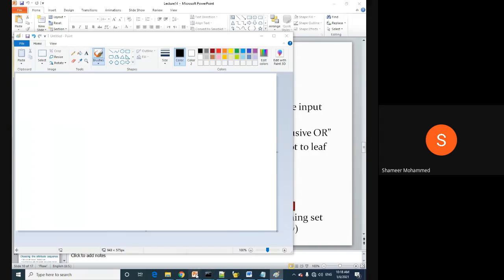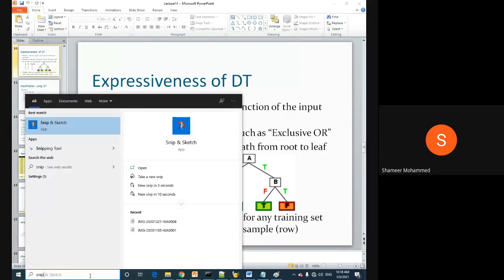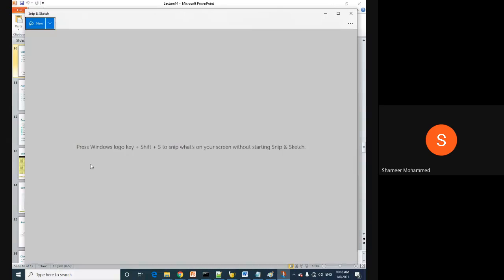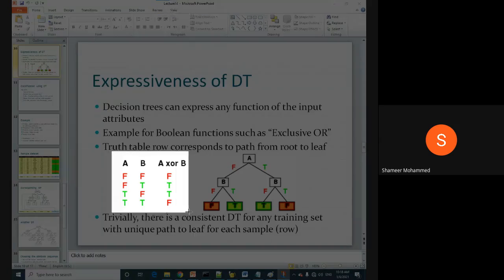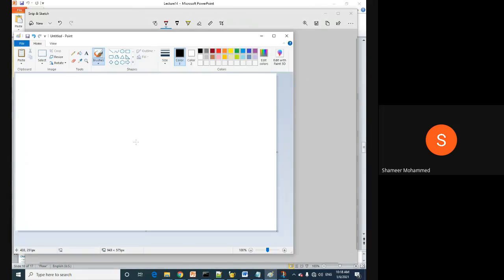So what is the table you have? This is the table you have. We can put this one, copy, paste here.